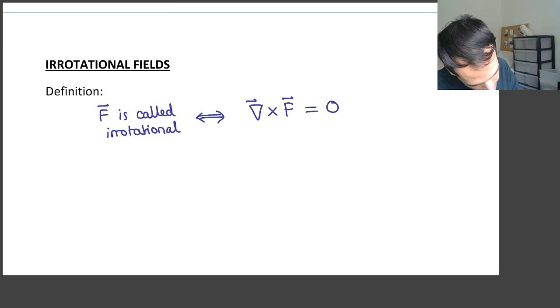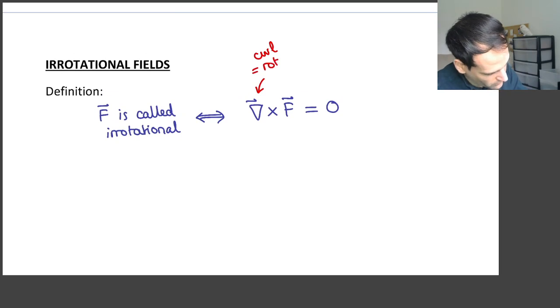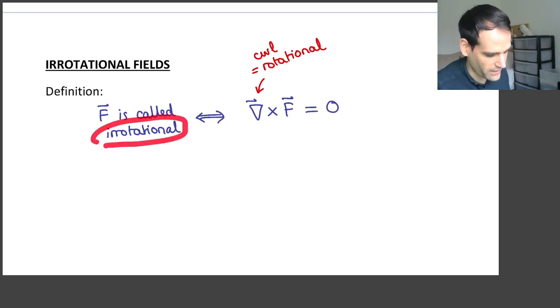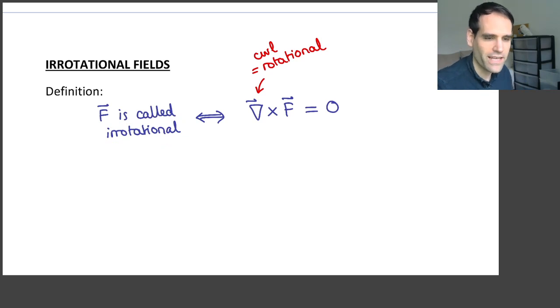The reason for this name is that the curl, some people call it the rotational of a field. So when the rotational of a field is 0, then the field is called irrotational, meaning it doesn't have a rotational. Okay? So that is a very simple definition.